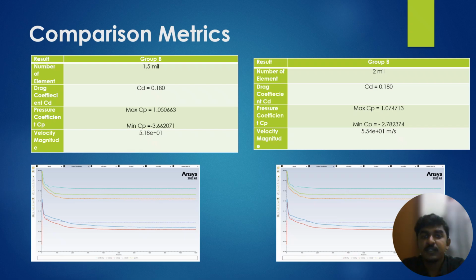Therefore, for 2 million elements, CD is 0.18, the maximum pressure coefficient is 1.07, the minimum is negative 2.78, and the velocity magnitude is 5.5. Below, they have shown the scaled residuals for both of the element counts.